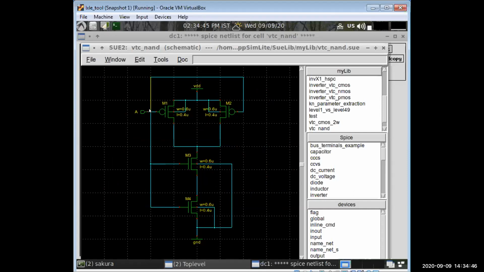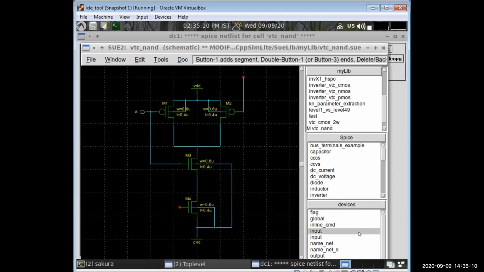Now another case, what I showed you: we have to keep one input constant and sweep the other. First let's take A as constant and change B. Just provide two nodes, A and B, and we will be instantiating that.